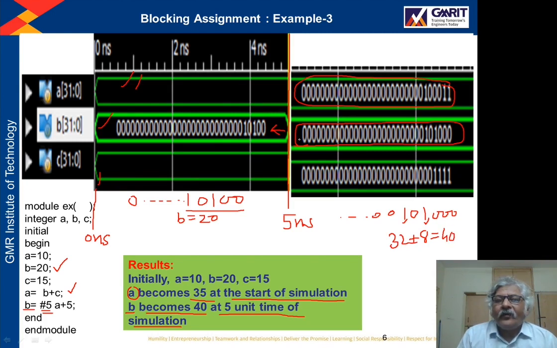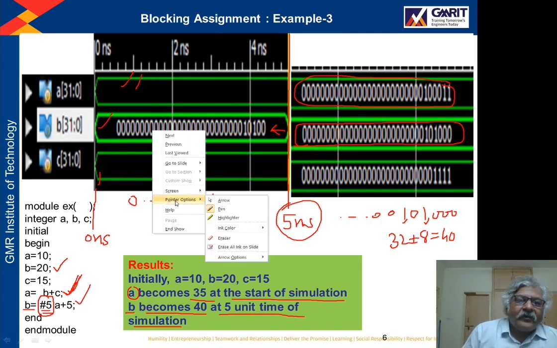Right? So the value of B will become 40 at 5 ns. So here this timing is optional. You can mention this optional time. This 5 ns means after the execution of this statement, you wait for 5 ns, then only update the value to target signal B.